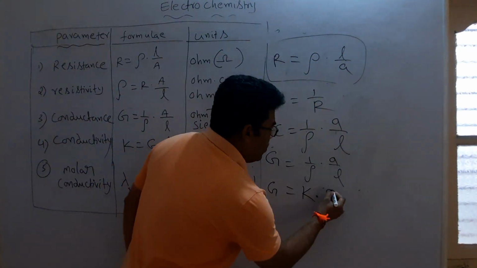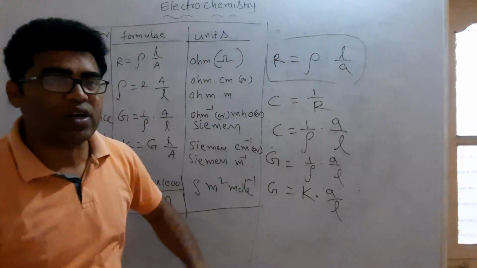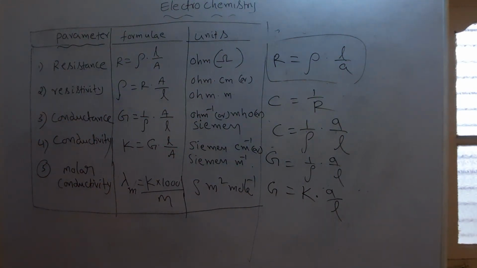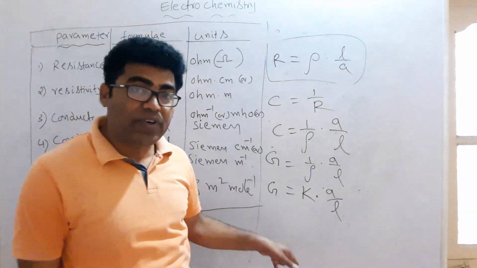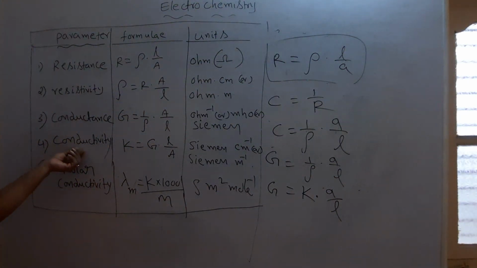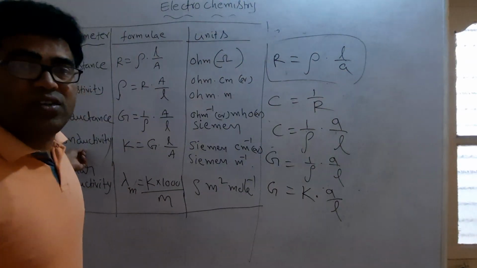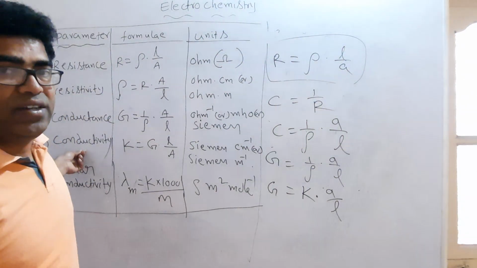K means the reciprocal of resistivity, called conductivity. See that conductance is different, conductivity is different.